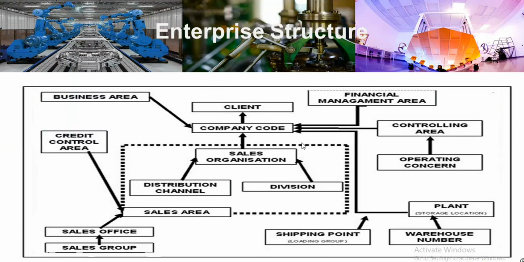The combination of sales organization, distribution channel, and division, we will call a sales area. Below the sales area, we have sales office and sales group. For the particular company code, we will assign plant, shipping point, and warehouse. Individually, I will explain in the next slide.